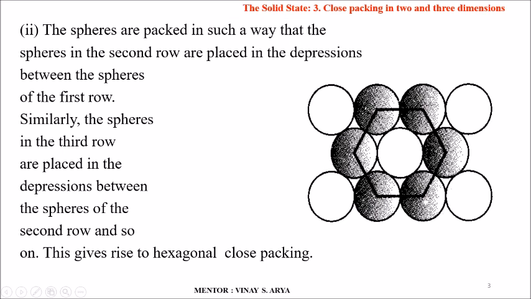These inclined lines have a variation, that is, the coordination number will change. This is the reference atom at the center. Now these are the 6 atoms touching this reference atom, and hence the coordination number has become 6, and this is known as hexagonal close packing arrangement in 2 dimension.